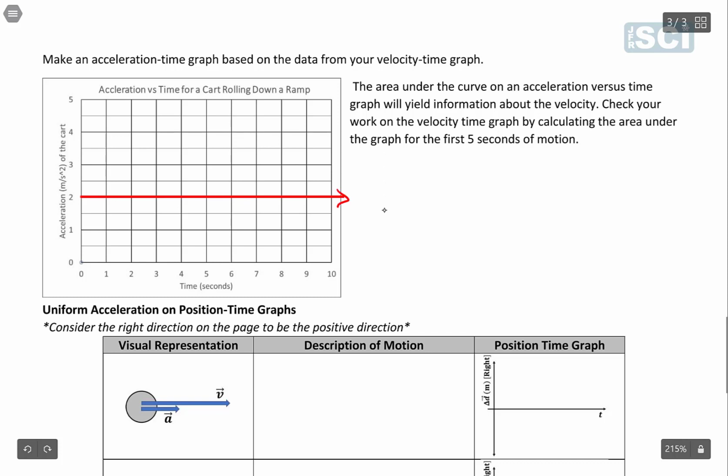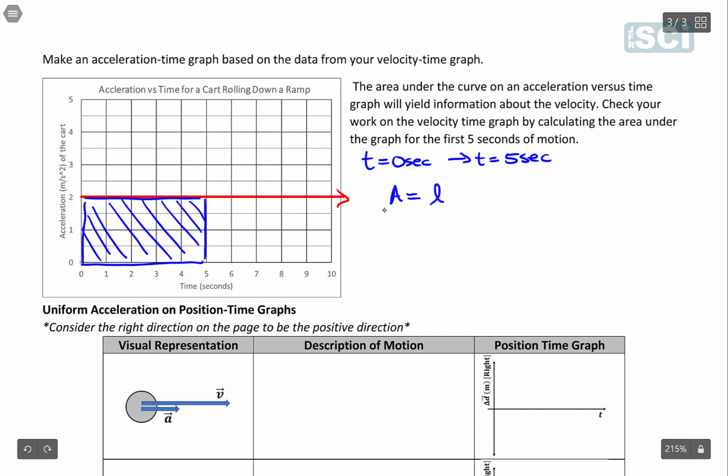Okay, and we can actually go ahead and calculate the velocity at a given point. So again, just like we did before with the area under the curve, it allows us to go back one step with our graphing. So if I calculate the area under the curve for the first 5 seconds, so from t equals 0 seconds to t equals 5 seconds, I get that the area is length multiplied by the width.